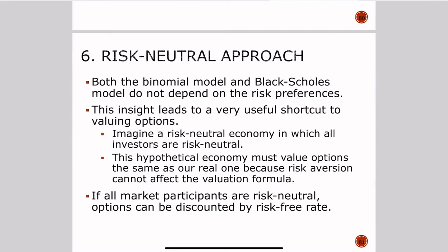So you can see that this is a really nice shortcut, because in the real world, when we are valuing cash flows, when we are trying to calculate the present value of a set of cash flows, it's very important for us to figure out what is the risk of those cash flows, because we have to find out the cost of capital by considering risk.